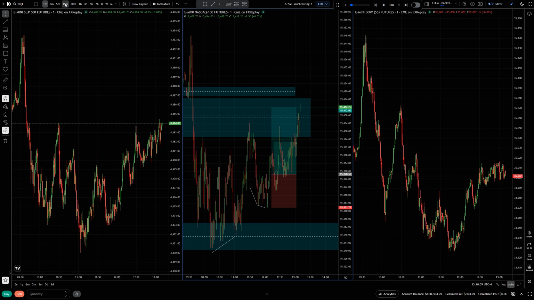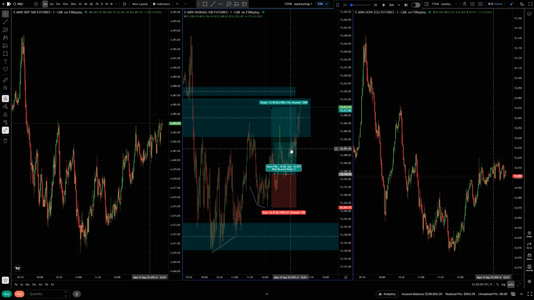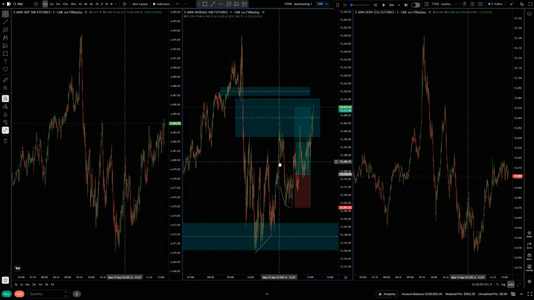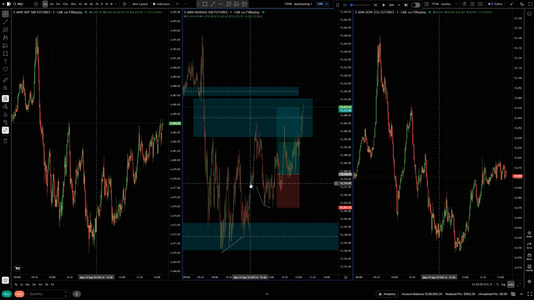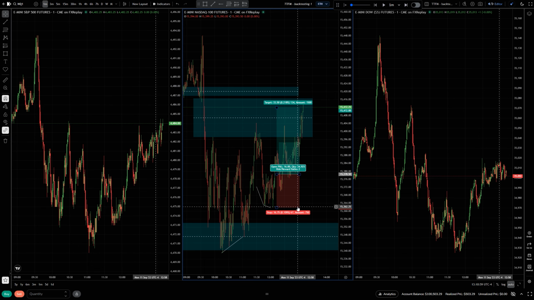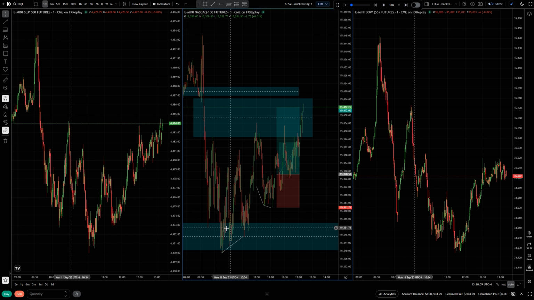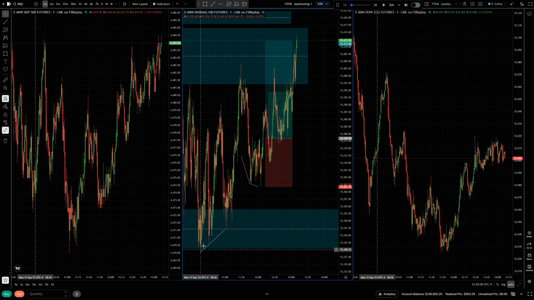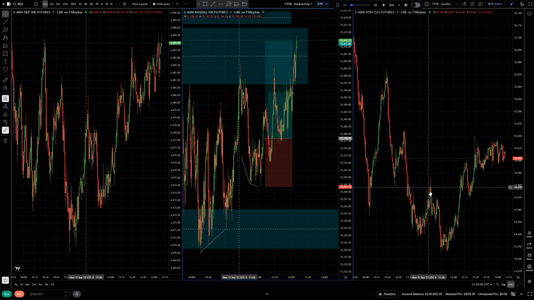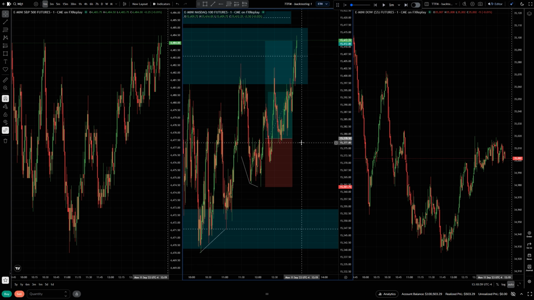Was this a good setup? Yes, I think it met all of our criteria. The daily bias was a bit shaky with this deep retracement back into the range, but we have two-stage, and we were trading in line with all three assets, all of them V-shaping up.